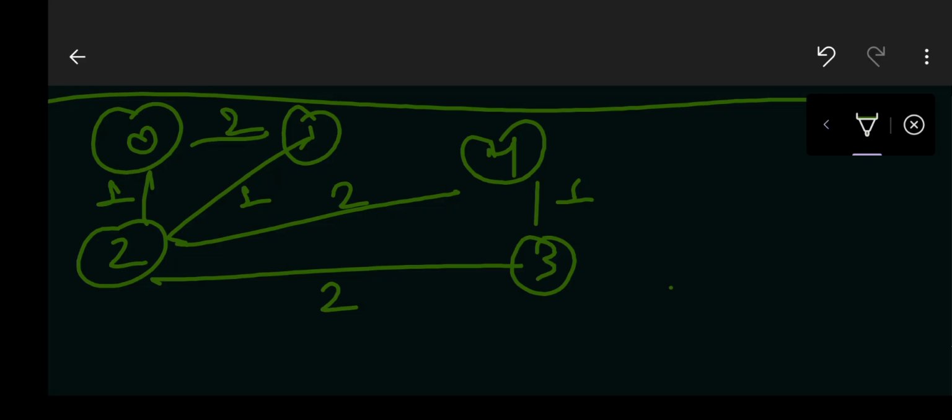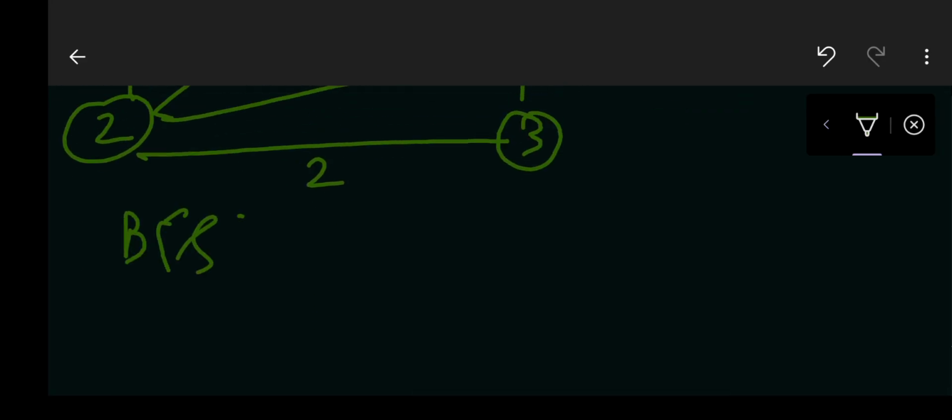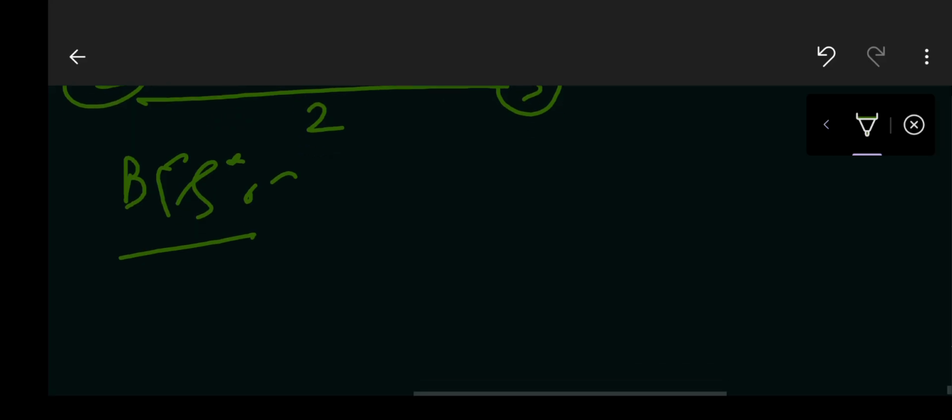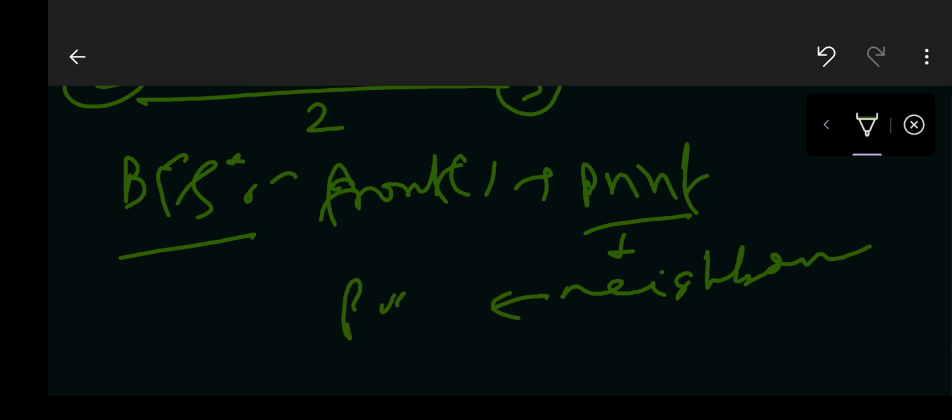So what does Prim's algorithm actually do? I ask you one thing, what was BFS? You push the source node and then you take the front, and then you print it, and then you go to the neighbors, push them into the queue, and then delete the front.